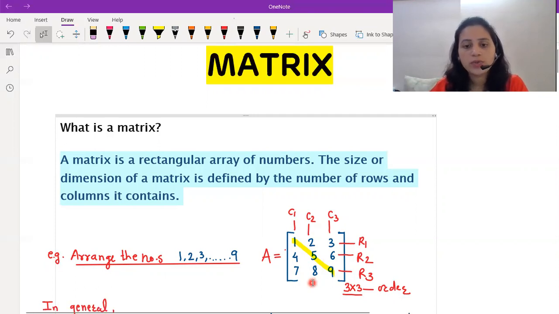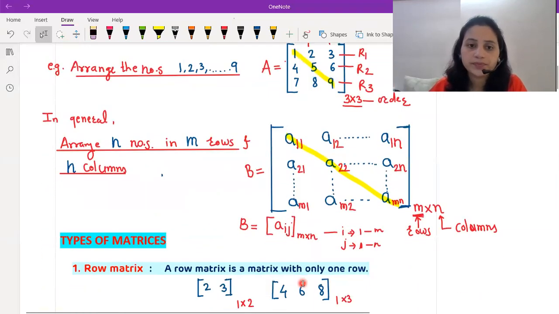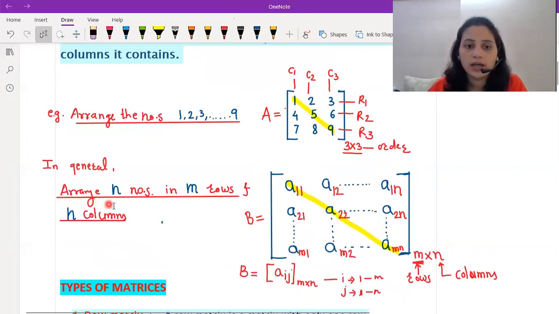Okay. Now suppose I want to arrange mn elements in m rows and n columns, in general form. Then how will we do that? Arrange mn numbers in m rows and n columns. So I take the matrix B here. Then a11, a12, a1n, a21, a22, a2n, and so on up to amn.